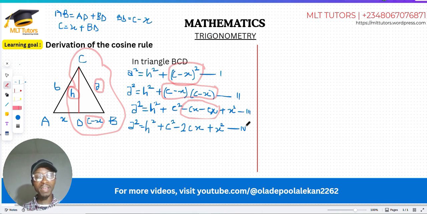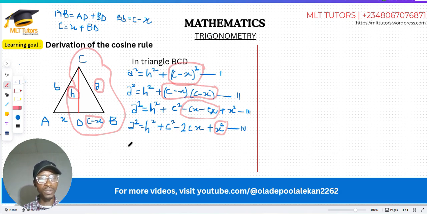Then, what can we do in equation 4? We can rearrange these terms in equation 4. This is the first, the second, the third. This fourth term, which is actually x squared, we can bring it to the top since it is squared, just like h and c.